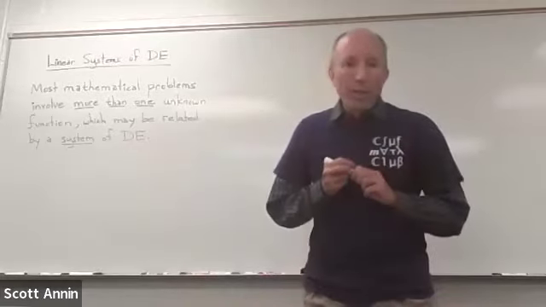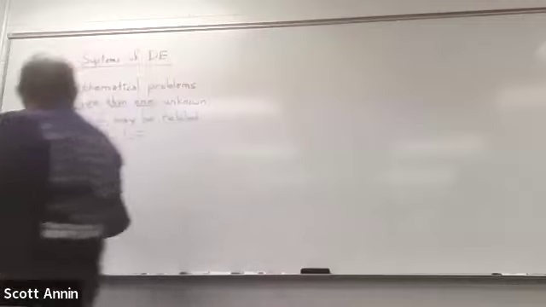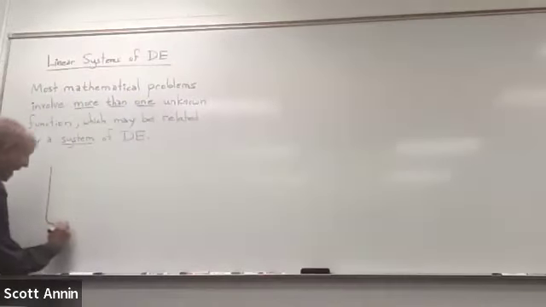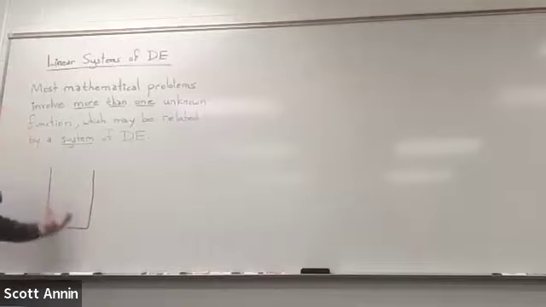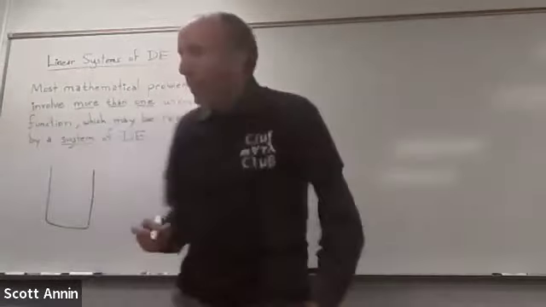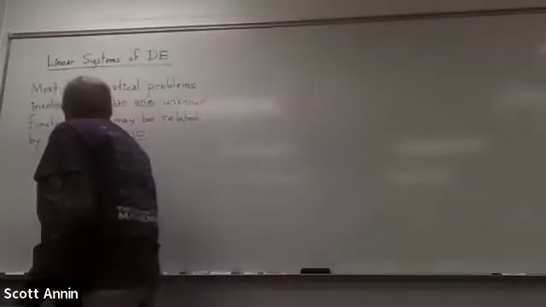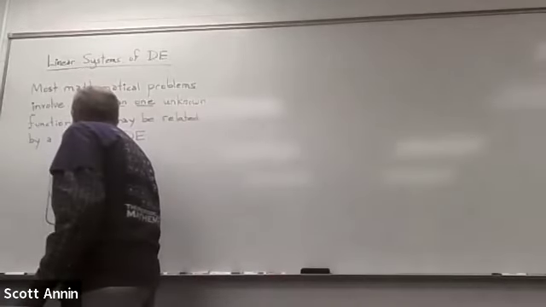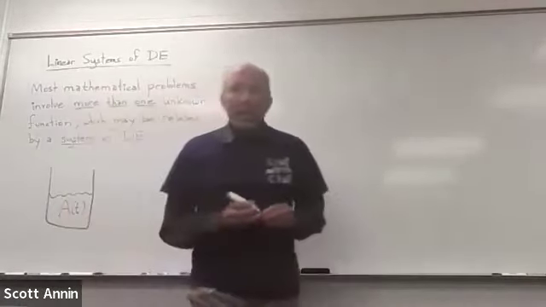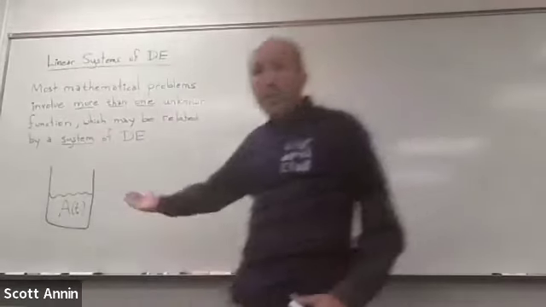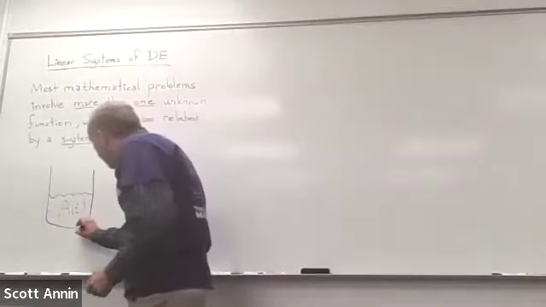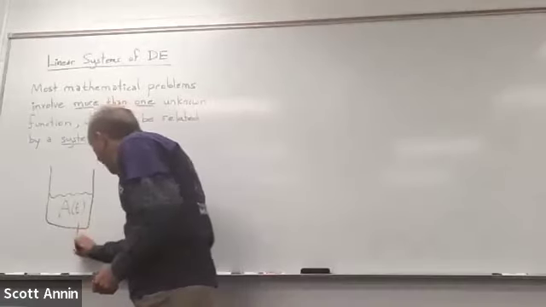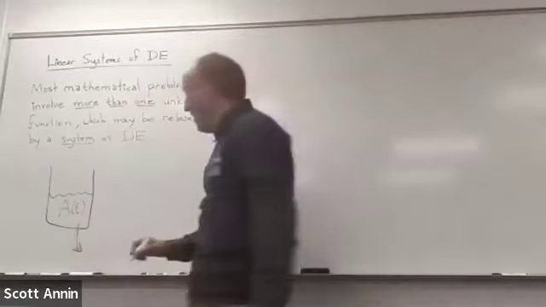Just to give you one real-world example, you might remember a situation where we could take a tank that has chemicals dissolved in a solution here. And we have some amount of chemical, I'll call it A of t, in this tank, and it changes as a function of time because the tank is leaking a little bit, and so there's an outflow rate.